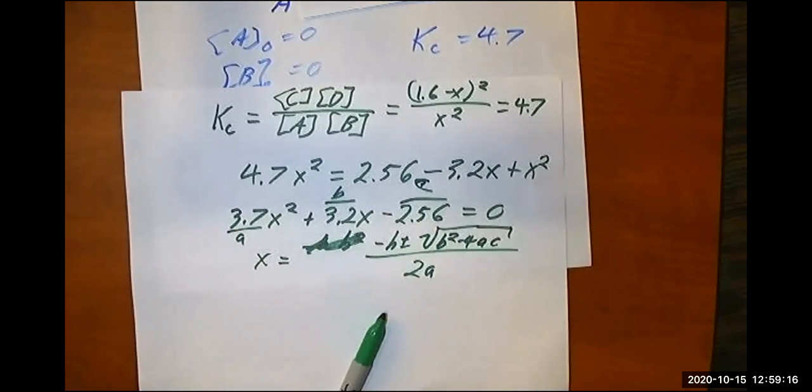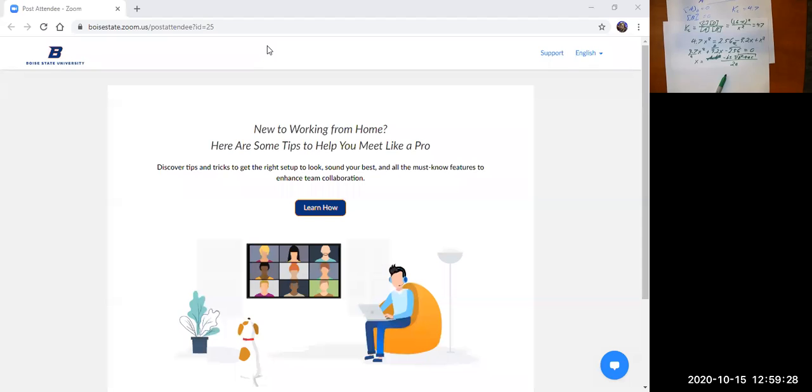Or you can go to a quadratic formula calculator. So coming here, we have A is 3.7.